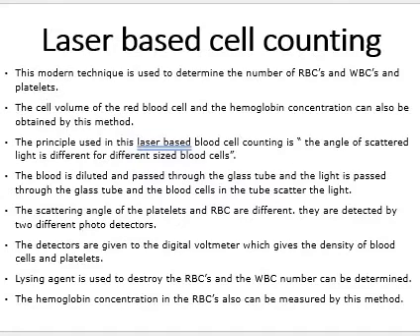When the light rays are incident on these cells, RBC, WBC, or platelets, the light gets scattered. That scattered light is taken into account for counting these cells.